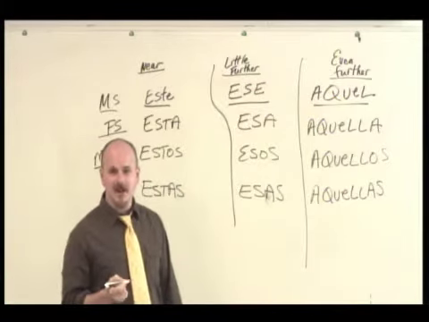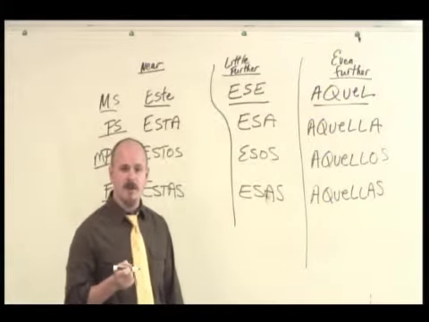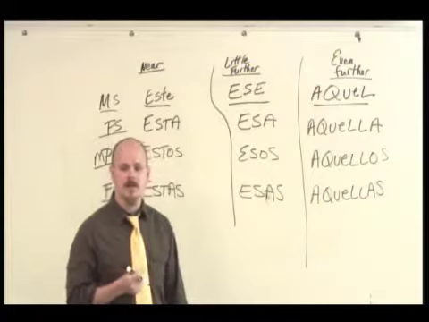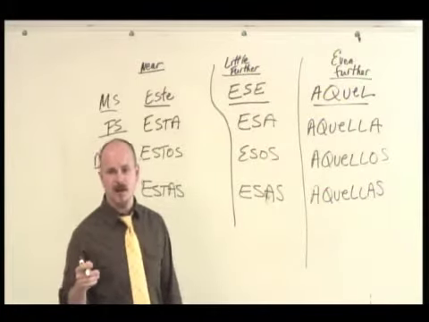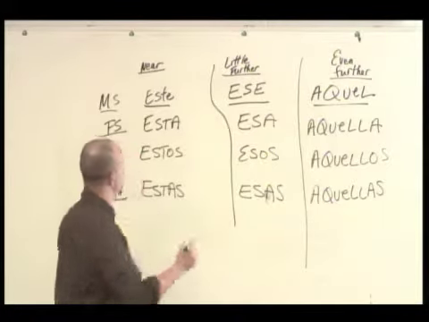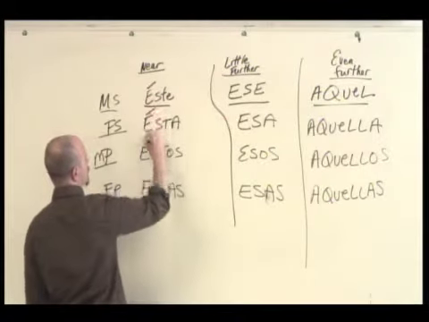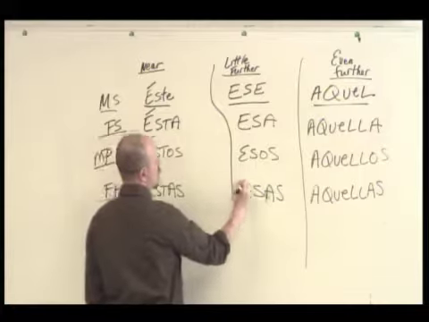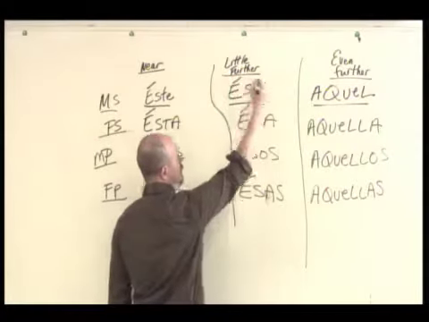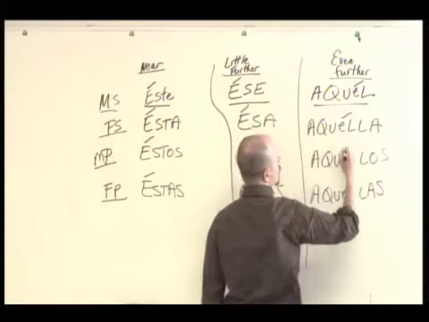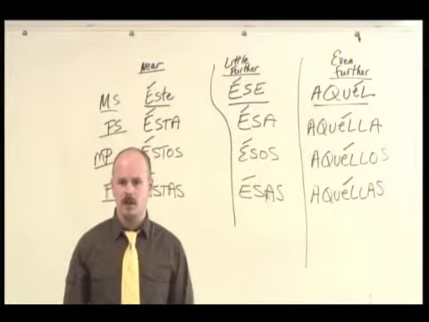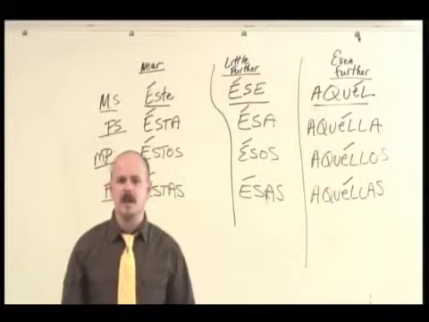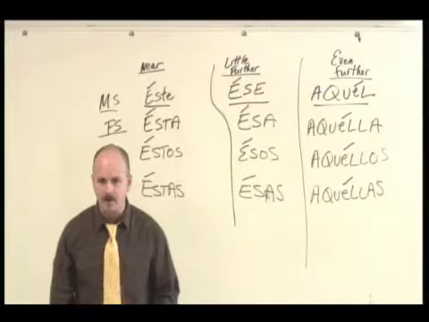In order to make these demonstrative pronouns, we simply have to put an accent on the first E of any of these words. If there's only one E, then it goes on the one E that's there. If there's two E's, it goes on the first E. So éste, ésta, éstos, éstas, ésas, ésos, ése, aquél, aquélla, aquéllos, aquéllas. These are now demonstrative pronouns. These are no longer demonstrative adjectives, these are now demonstrative pronouns.